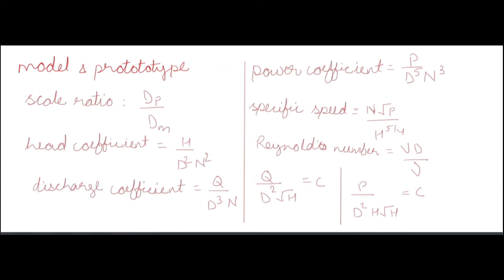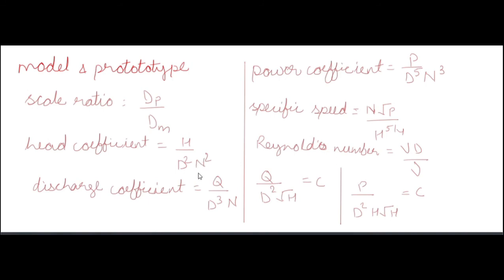First one is the scale ratio, meaning the ratio of the diameters. Then we have the head coefficient, meaning the net head divided by the square of the blade diameter times the square of the rpm, the speed of rotation.